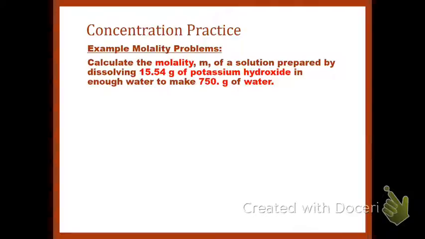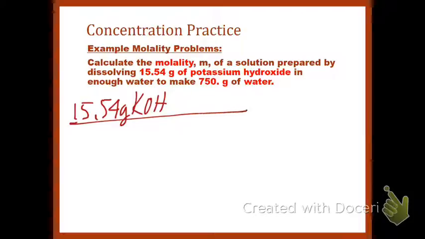Okay. So our sample problem here is calculate the molality of a solution prepared by dissolving 15.54 grams of potassium hydroxide into 750 grams of water. So again, we have to get to moles. So we have 15.54 grams of potassium hydroxide divided by the molar mass of potassium hydroxide, which is 56.11.